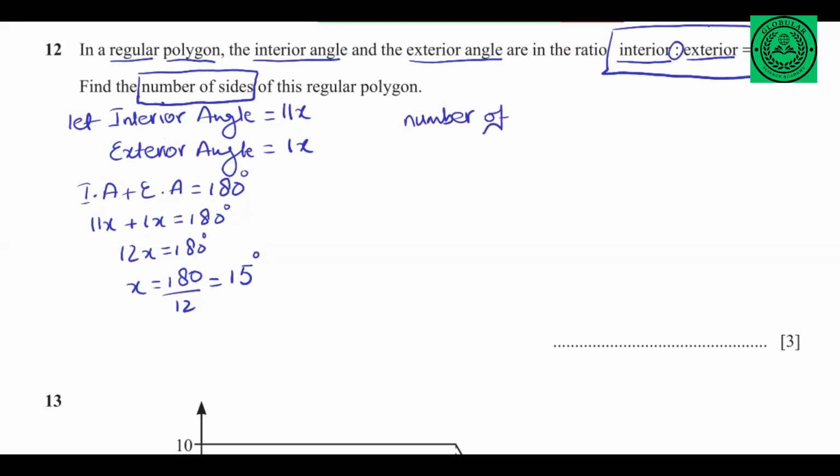And whenever we divide that 360 by the value of one exterior angle, that will give us the number of sides of the polygon. So we can say 360 divided by the value of one exterior angle we have already found over here, that is 15. So when you divide 360 by 15, we get nothing else but 24. So it is a regular polygon with 24 sides. So we can easily gain 3 marks out of this question.